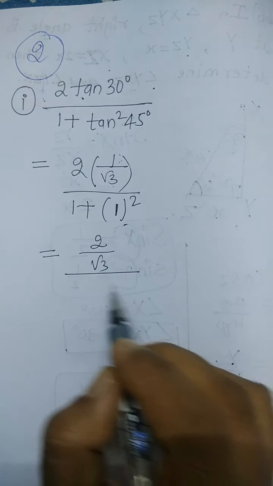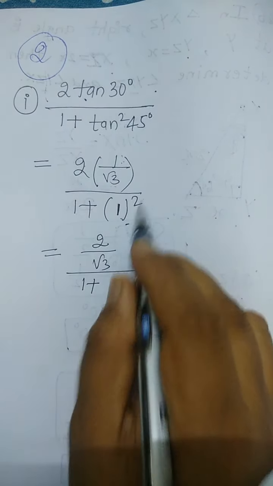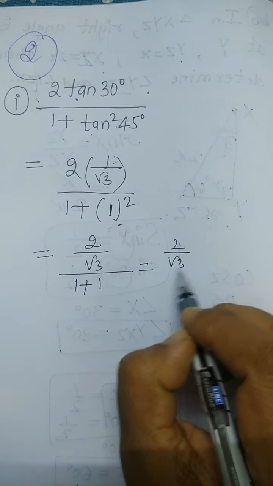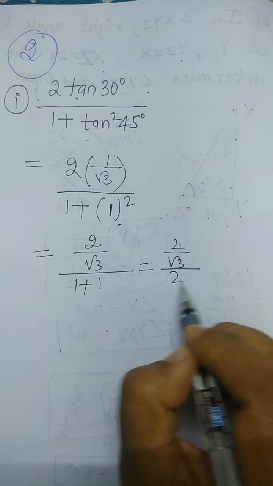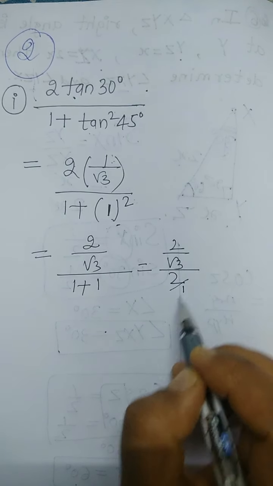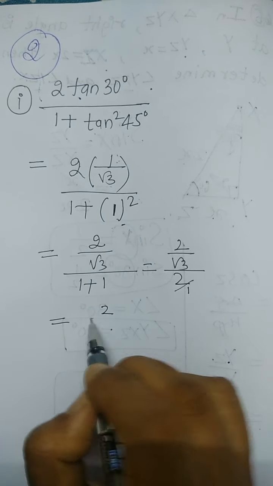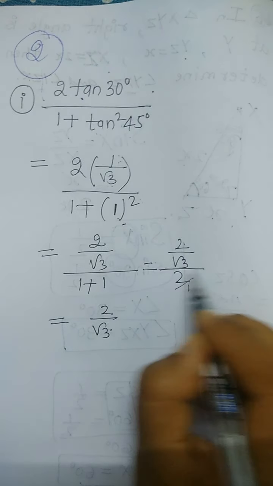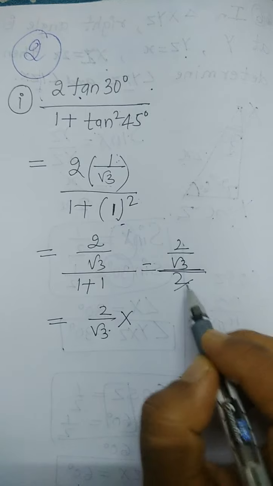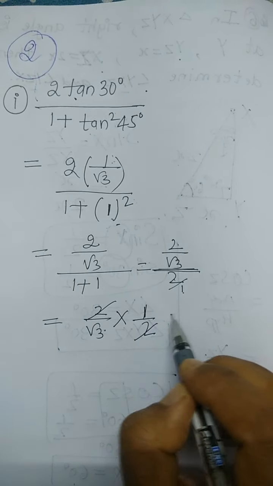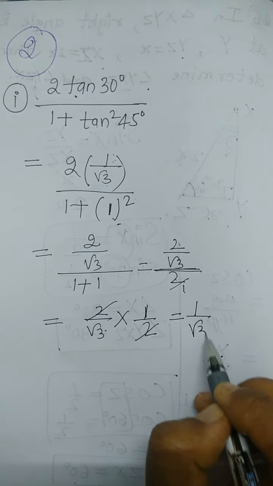Whole upon 1 plus 1 square is 1. So we get 2 upon root 3, whole upon 1 plus 1, which is 2. How to solve such type of fractions? 2 by root 3, division will become multiplication and 2 will become 1 by 2. The 2 will get cancelled and we will get 1 by root 3.